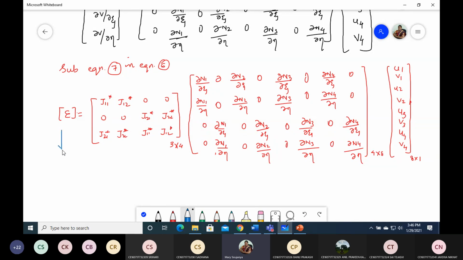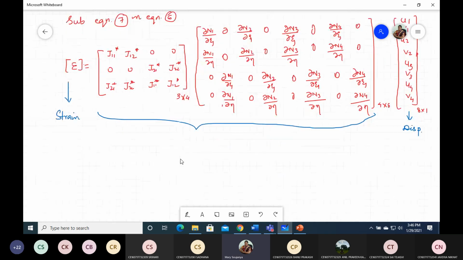Now strain is related to displacement with this matrix in between. So what is this matrix called? Strain is related to displacement using this matrix in between. What is this matrix called?